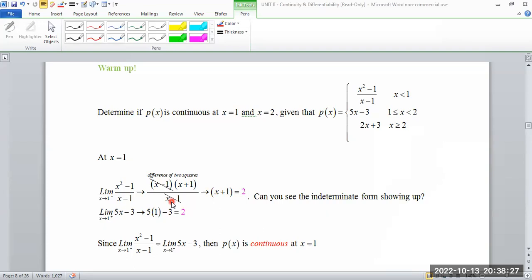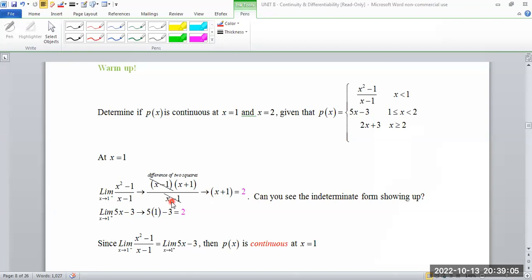I'll use factorization because I recognize x squared minus 1 as the difference of squares. When I factorize it, I get x minus 1 times x plus 1. Now I'm able to cancel out the x minus 1 in the denominator that was giving me 0 with the x minus 1 in the numerator, to be left with x plus 1.